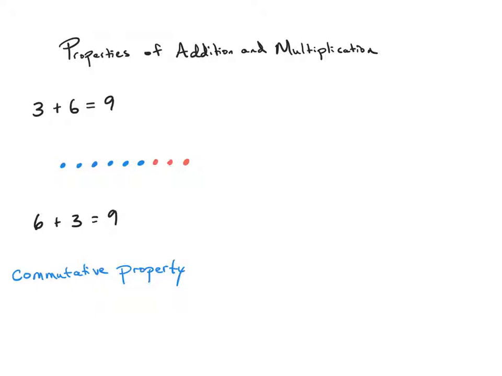So let me move all of this over and let's see if we can do exactly the same thing with repeated addition, otherwise known as multiplication. So I'm wondering, does 3 times 6 equal 6 times 3? Well, I can draw a picture to find out.